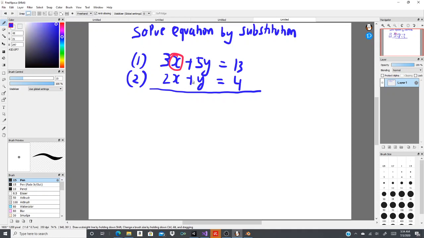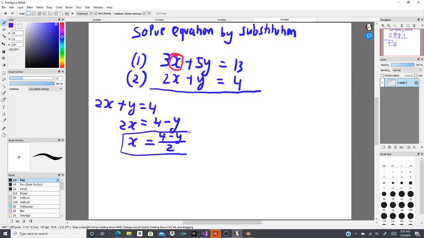What I mean by that is, if I use this second equation, 2x plus y equals 4, and we subtract both sides by y, we find 4 minus y equals 2x, and we divide both sides by 2, and then we get x equals 4 minus y divided by 2. So that will be our final equation.